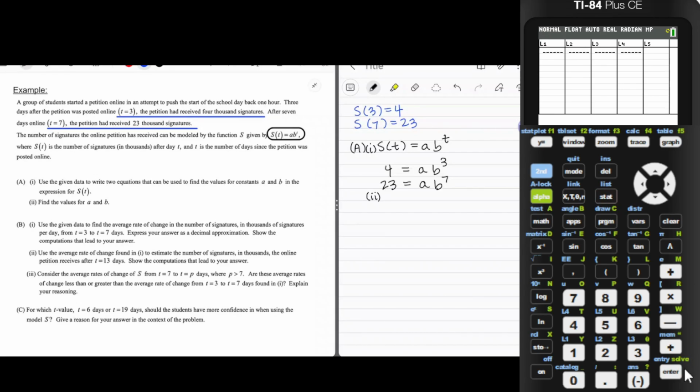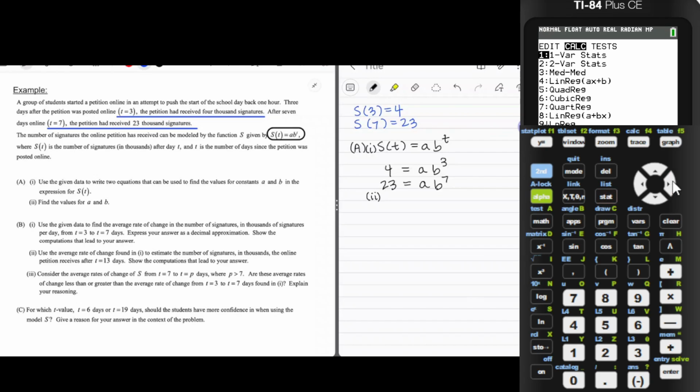So we're going to go to the stat menu, edit the lists, type in 3 and 7, and then the output values that correspond to 3 and 7 are 4 and 23. We're going to stat calculate an exponential regression. Okay.